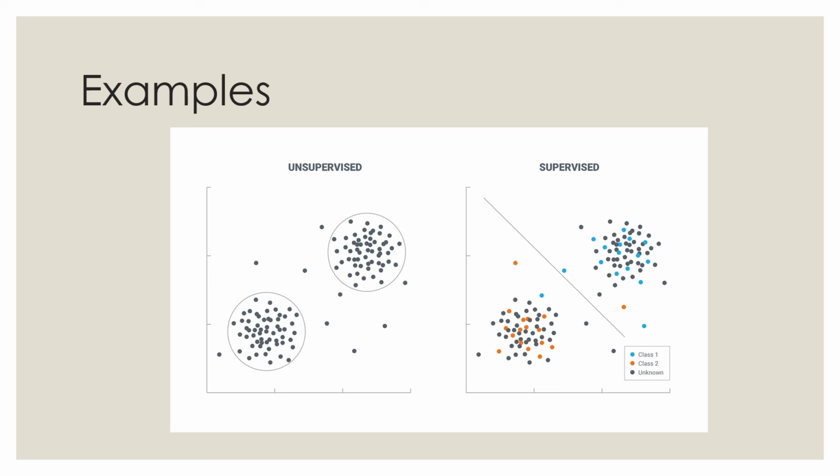So this is an example that I've been talking about. In supervised, you can see that a line has been drawn, and we can identify that the blue dots are class 1 and the orange dots are class 2, and I can draw an arbitrary line in between separating them.